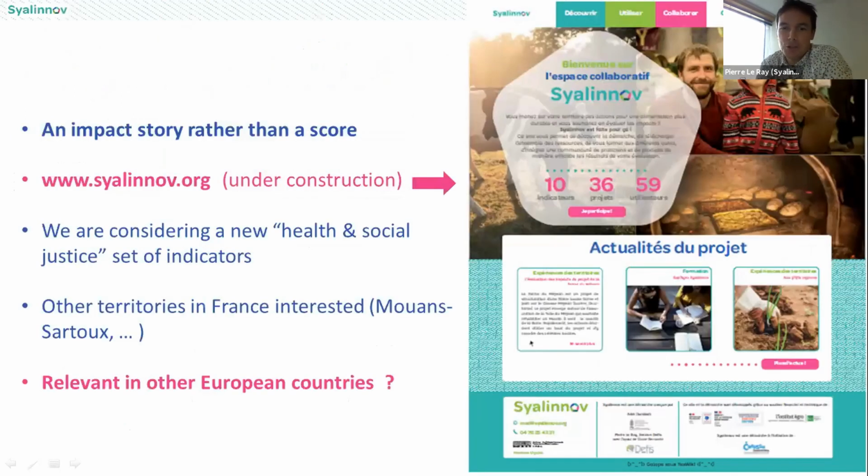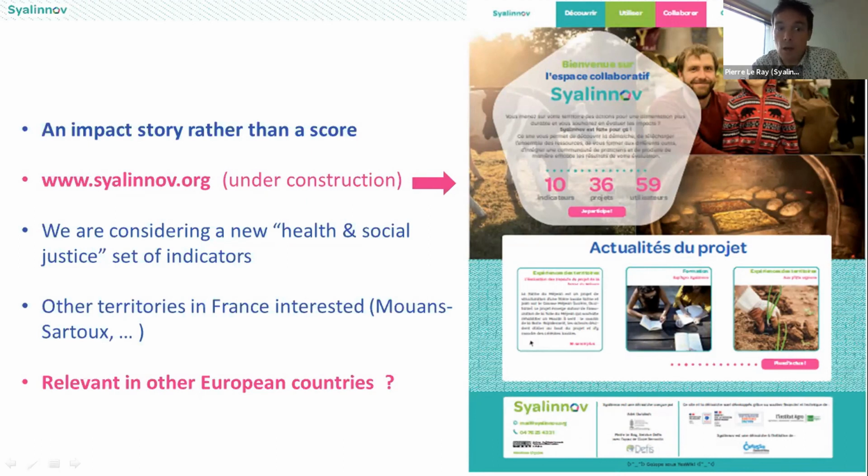And as a conclusion, I would like to insist on the fact that Syalinnov is not a simple scoring methodology, but more a global approach to elaborate an impact story. We are currently working on a new website, under construction at syalinnov.org, that will gather all the tools and explanations, tutorials, as well as a collaborative space.